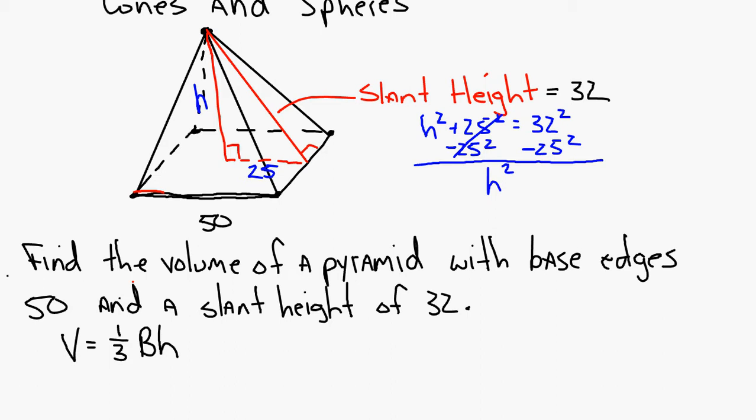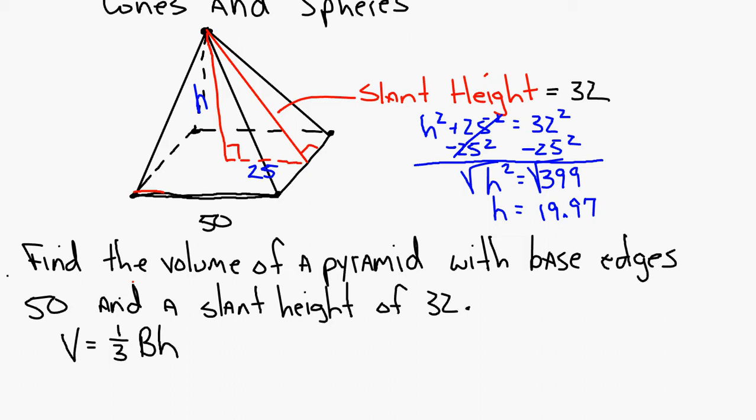Oh, wow. 399? So if this is 399, you're just going to square root each side. All you have to do now is push the square root button. 19.97.